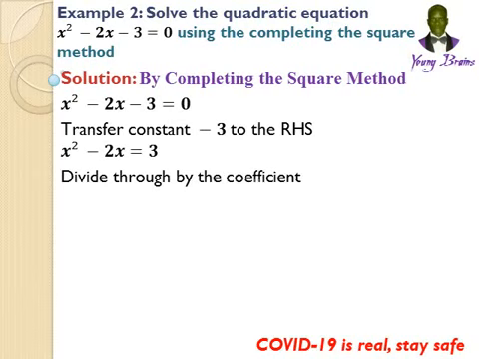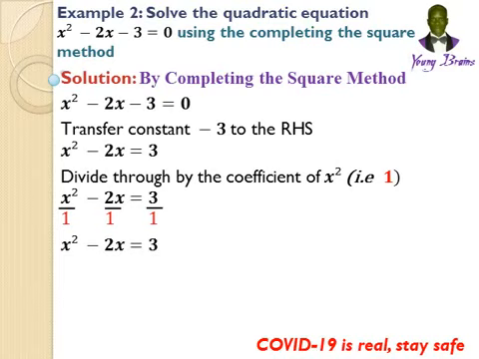Then we divide through by the coefficient of x squared, which is 1, and this gives x squared divided by 1 minus 2x divided by 1 equals 3 divided by 1, and the answer is x squared minus 2x equals 3.